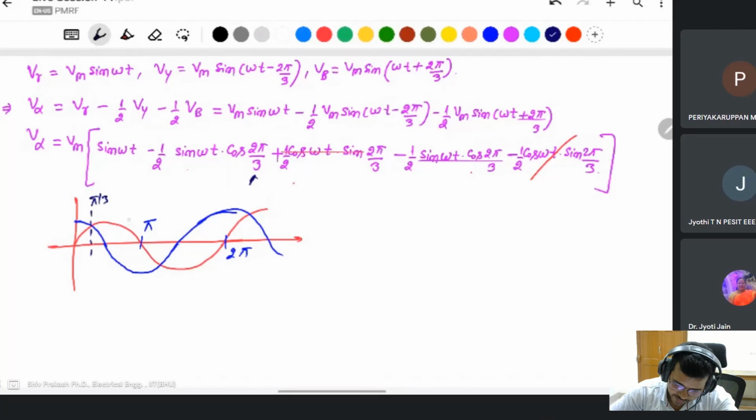This is pi by 3, 2 pi by 3, pi, 4 pi by 3, and 5 pi by 3.